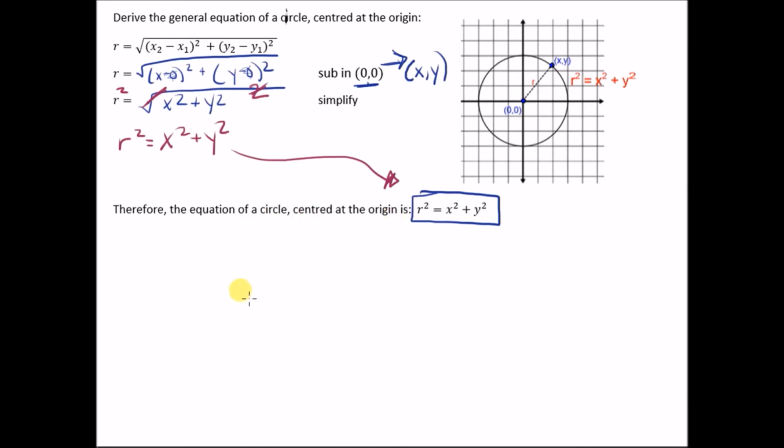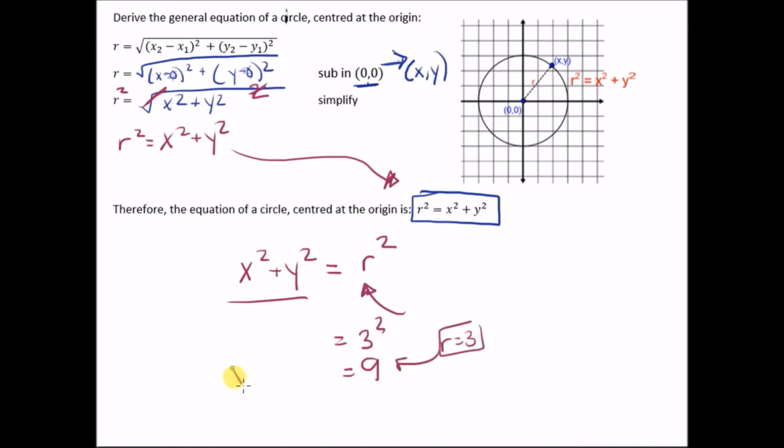When we write this, we write x squared plus y squared, and that is never going to change, equals, and we sub in the radius and then square it. So if the radius is 3, we would do 3 squared, which is 9. So for radius 3, we get the formula x squared plus y squared equals 9, and we're going to see that in the next couple of examples.